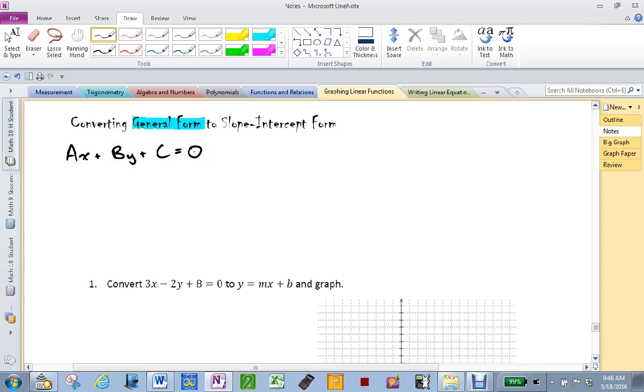So, basically general form is a regular trinomial. Okay? What do you guys notice about that?